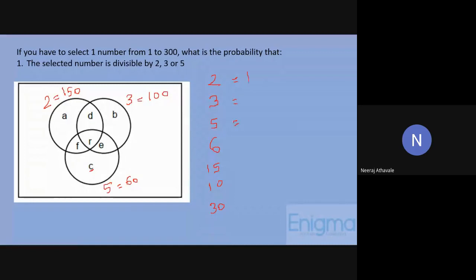So for 2 we found 150, for 3 it is 100, for 5 it is 60, for 6 it will be 50, for 15 it will be 20, for 10 it will be 30, and for 30 it will be 10. Perfect. I guess everyone has understood until this part.